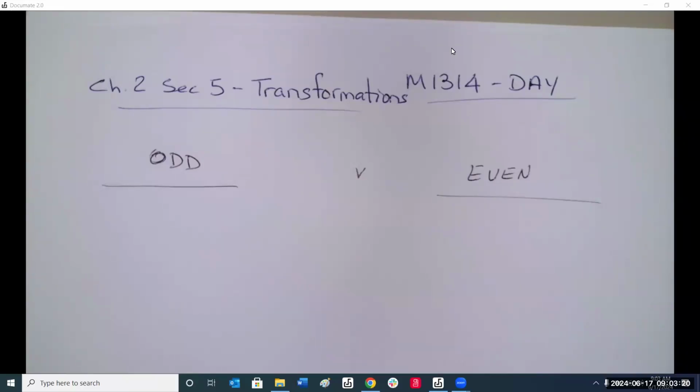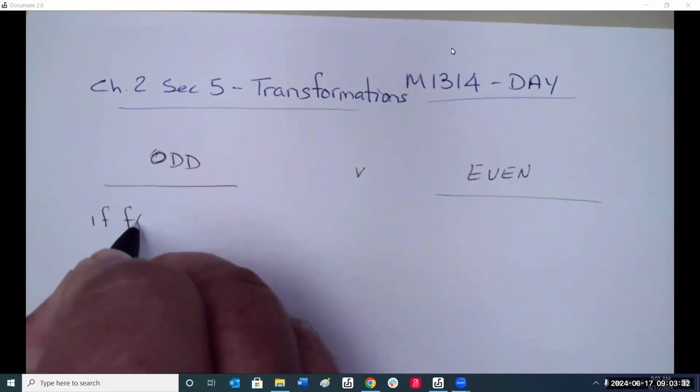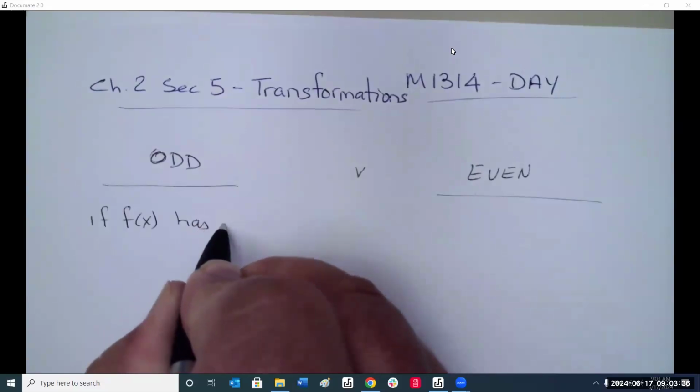You can see if it's odd, if it has negative exponents. Nope. f of x is equal to f of negative x. That x is negative on the side.